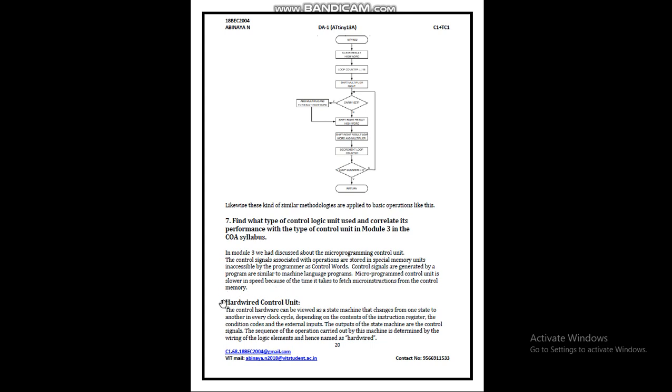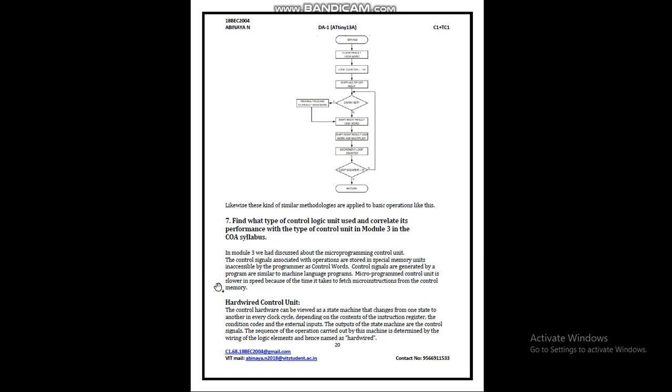Coming to the hardware control unit, this control hardware can be viewed as a state machine that changes from one state to another in each clock cycle, depending on the contents of the instruction register, the condition codes, and the external inputs as well.